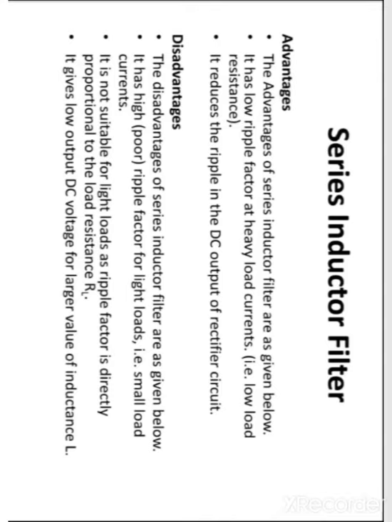Now the disadvantages: it has a high ripple factor for light load, meaning the conversion property is not good for low load. It is not suitable for light load, as the ripple factor is directly proportional to the load resistance. It also gives a low output DC voltage for large values of inductance.